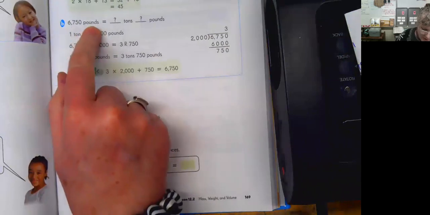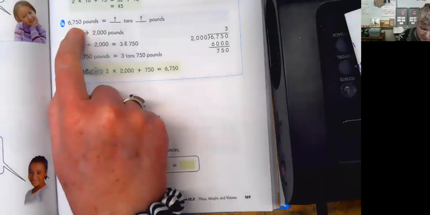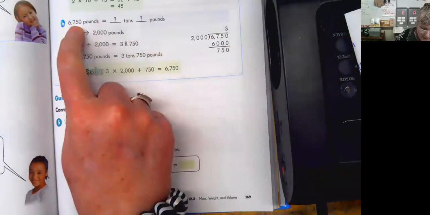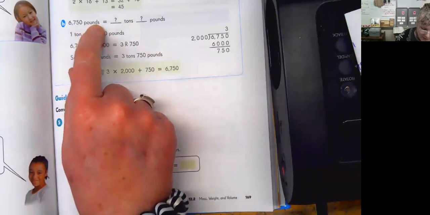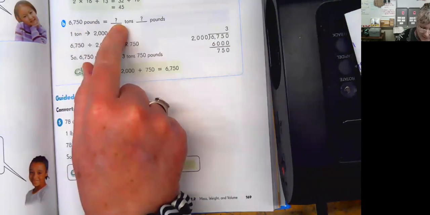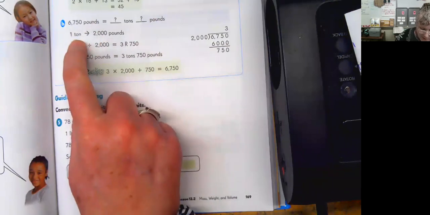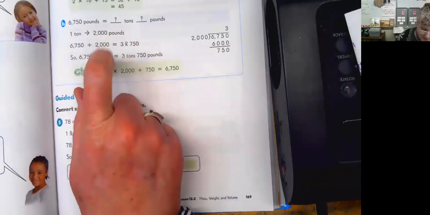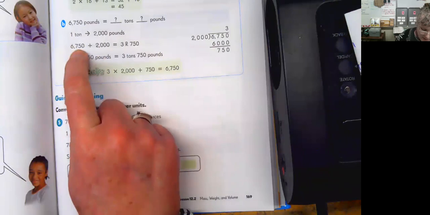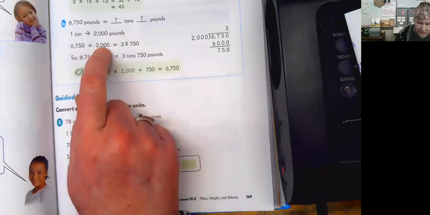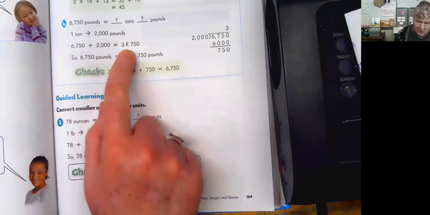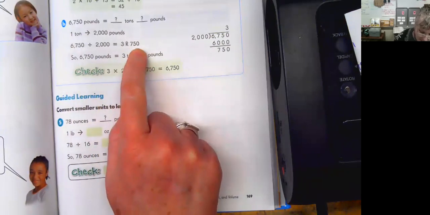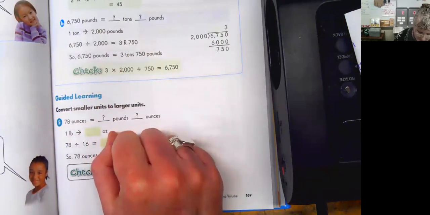Let's say we're also trying to go from smaller to larger. So we have 6,750 pounds. And how many tons does that equal? 1 ton equals 2,000 pounds. So 6,750 pounds divided by 2,000 is 3 tons and 750 pounds.